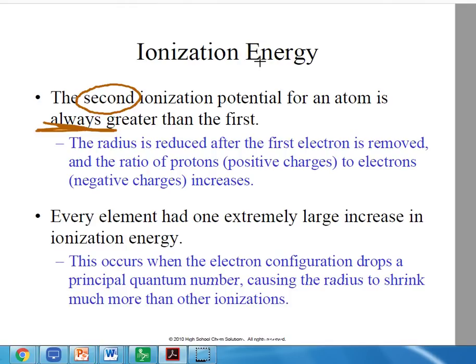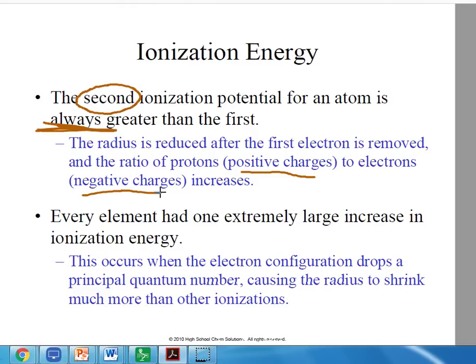That second removal is always more difficult than the first, because when you remove one electron, the atom gets smaller. So now you're trying to remove an electron from an even smaller atom, and so it's more difficult. And the explanation is in blue here. Your radius is reduced once your first one is removed, and now you have more protons than you have electrons. So the pull from the nucleus is even greater than it was before.